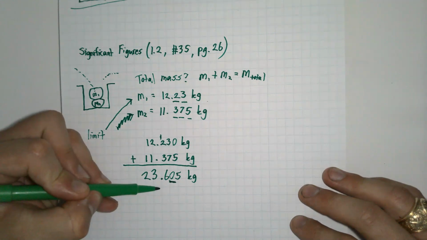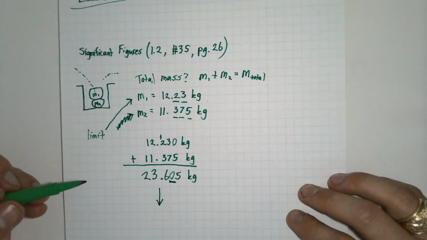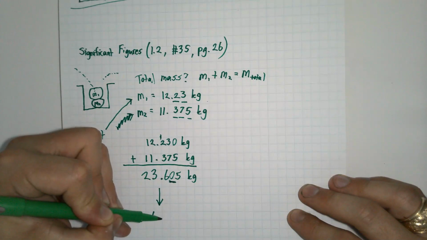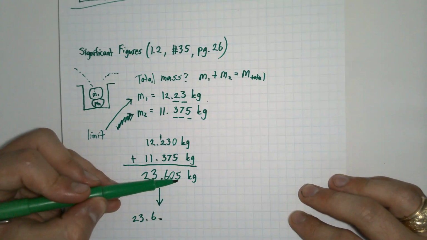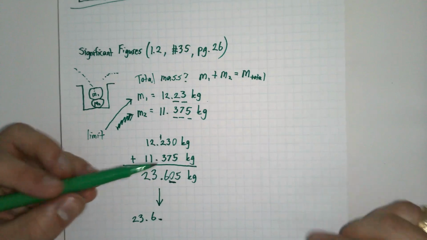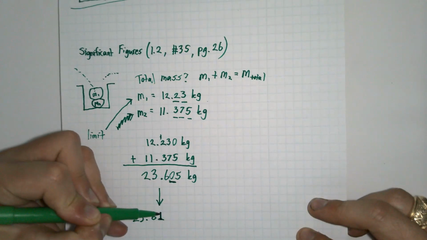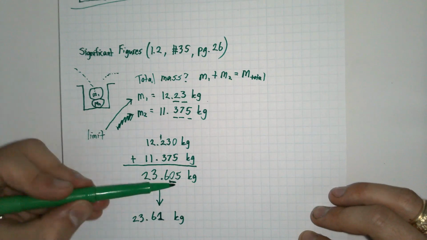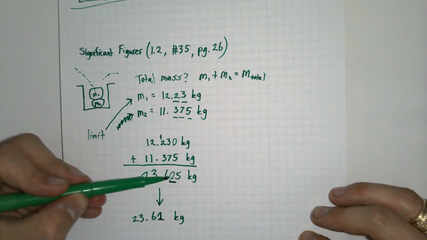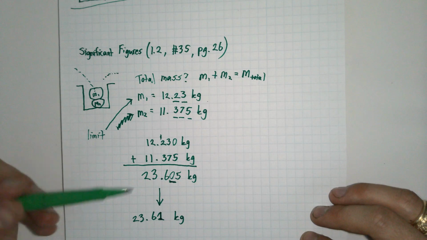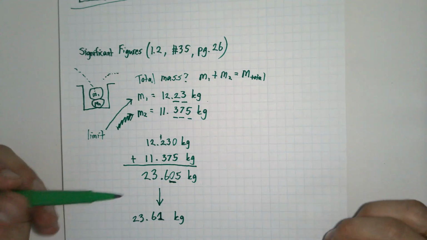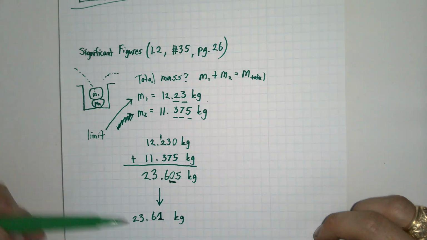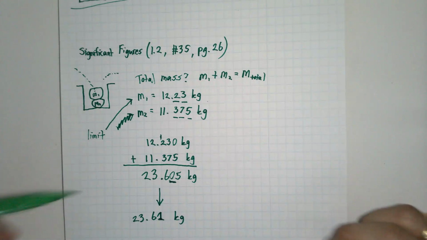So when we round this to the appropriate number, 23.60, but because this is a 5, greater than or equal to 5, you round up, then this becomes a 1. So 23.61 kilograms. We round up this 5, so the 0 becomes a 1. So our total mass inside our container here is represented by 23.61 kilograms.